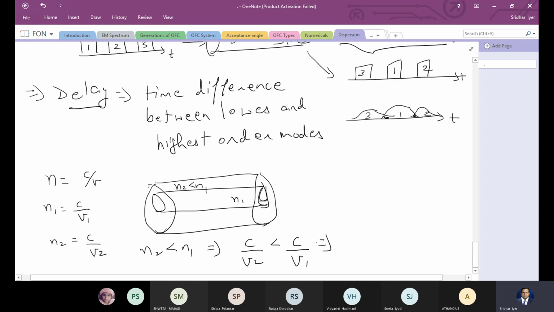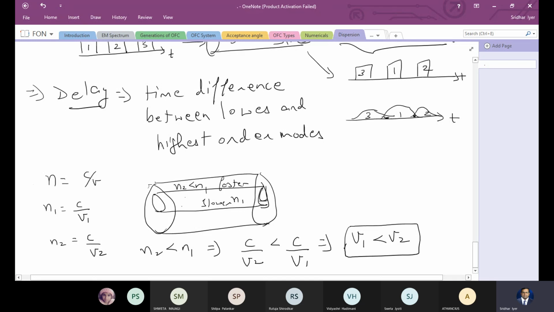I can cancel the two c's. That implies v1 is less than v2. That means the velocity of the mode inside the core is slower compared to the velocity of the mode inside the cladding, right? So what is going to happen?